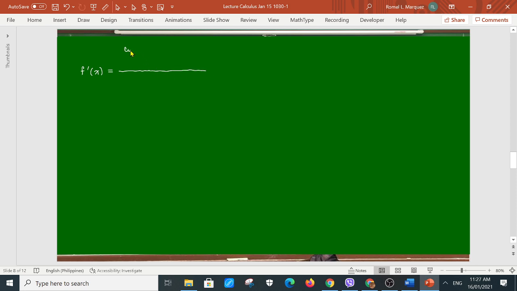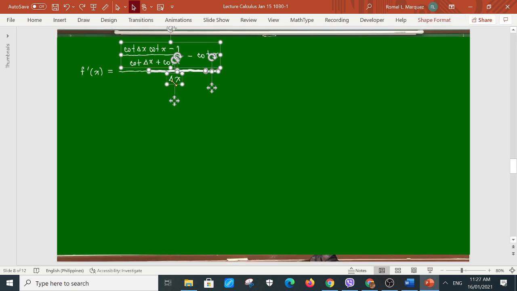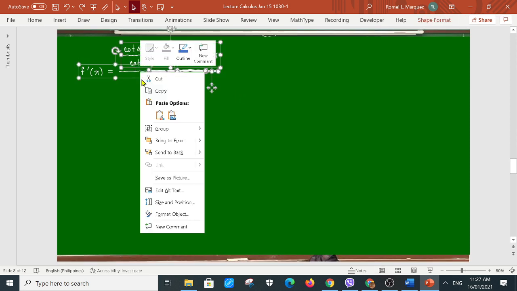Cotangent delta x cotangent x minus 1 all over cotangent of delta x plus cotangent of x, okay, minus cotangent x all over delta x. Then take the limit, okay?